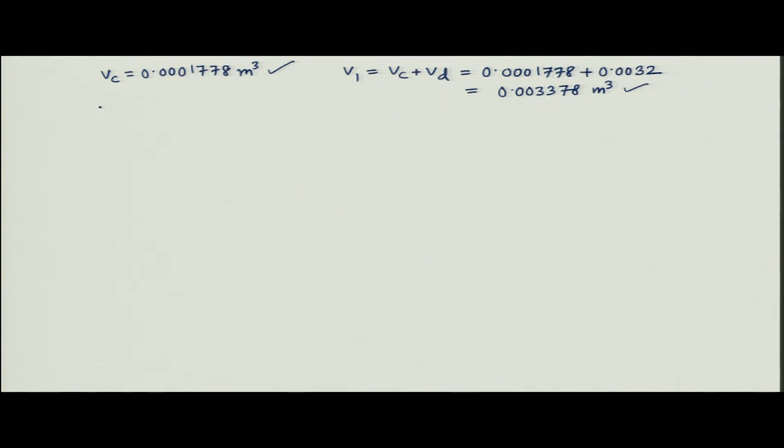Now, we can find the total mass of air inside the cylinder, that we can find as m. We know the pressure, volume and temperature at the beginning of the compression stroke, that is state 1.